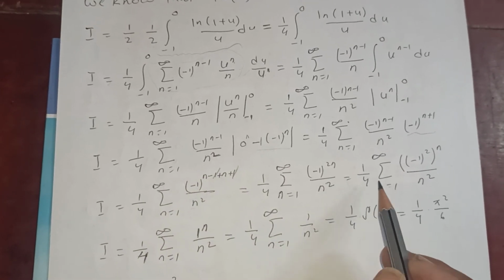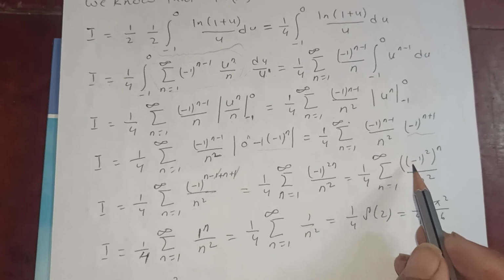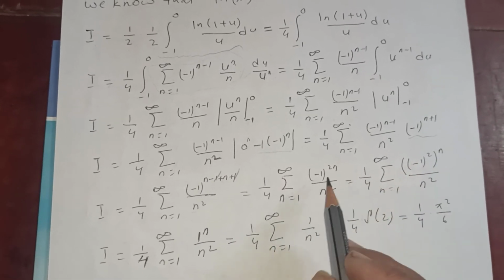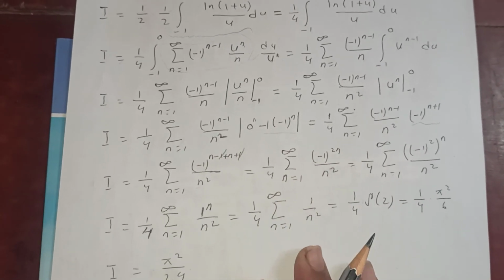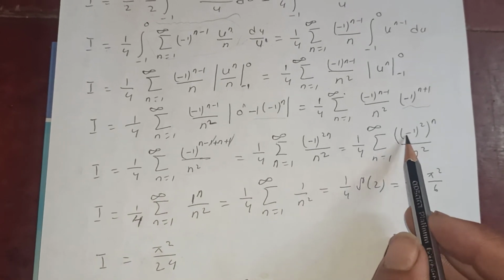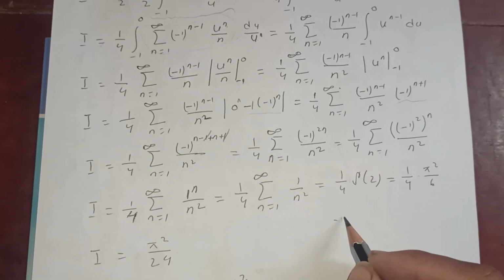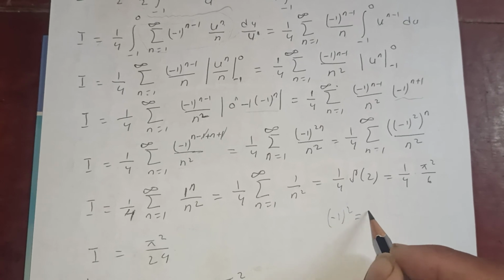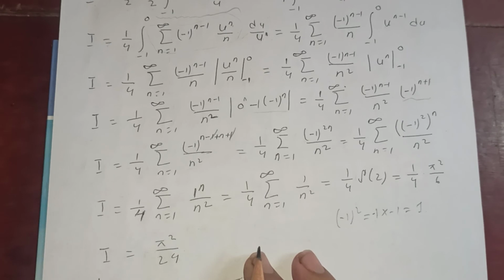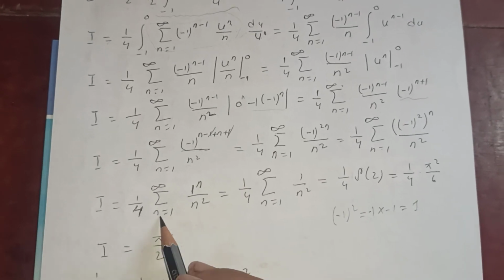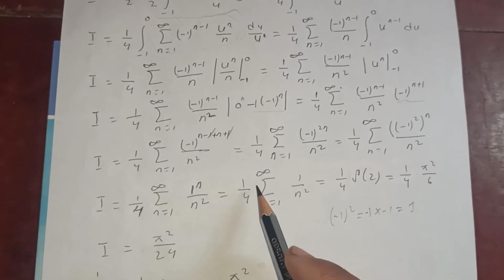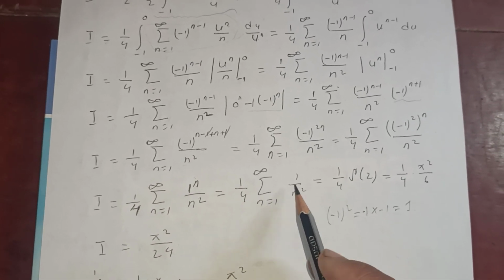So which is 1 by 4 sum from n equal to 1 to infinity of 1 upon n squared.